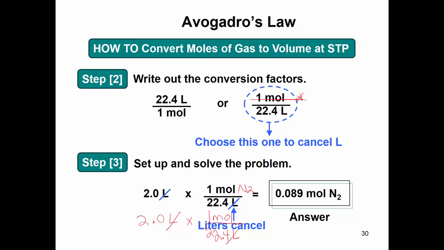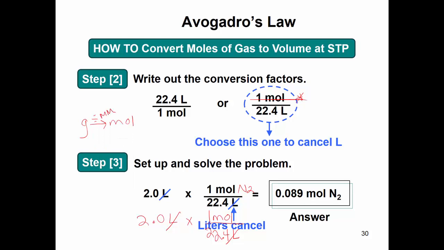All right, another spin-off to this. So say you were given grams. We know that grams and moles are not the same. So all you would have to do is convert from grams to moles first. Okay, and so we know to convert from grams to moles, we divide by the molar mass.